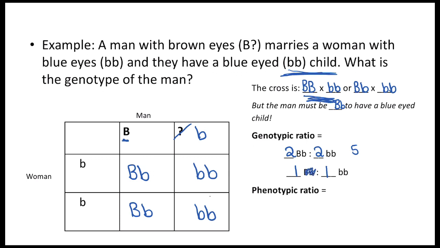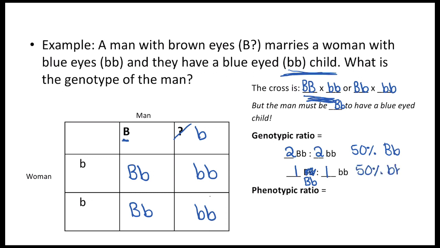This should be big B, little b. Sorry, there's a typo I didn't catch. You could have done it as a hypothetical for what the cross would look like for big B with little b. But in this case, we're going to just work with this. So we have 50% big B, little b, and 50% little b.